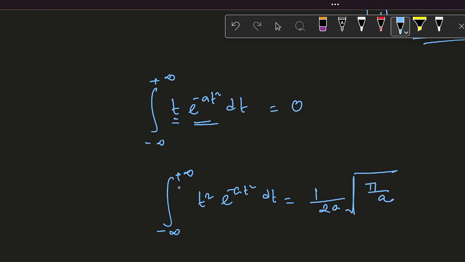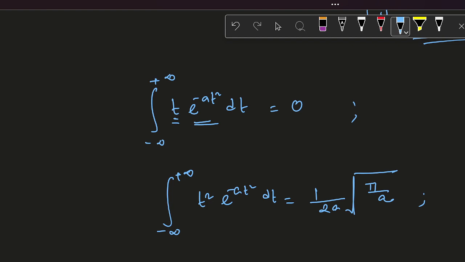These are some of the standard results known from the Gaussian integral formula, which I will not solve explicitly for you. You can check it by solving the integral yourself by substituting the variables, or you can check it in any mathematical physics textbook; these are the actual standard values of the Gaussian integrals.